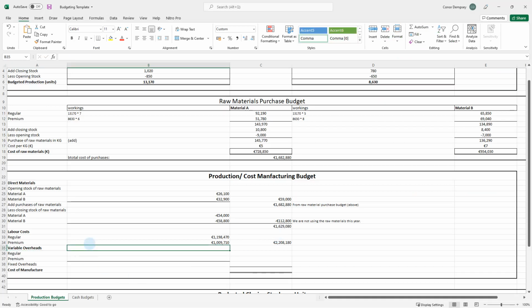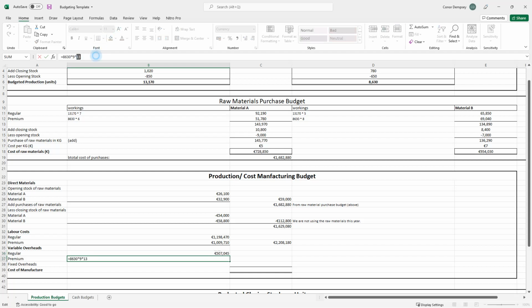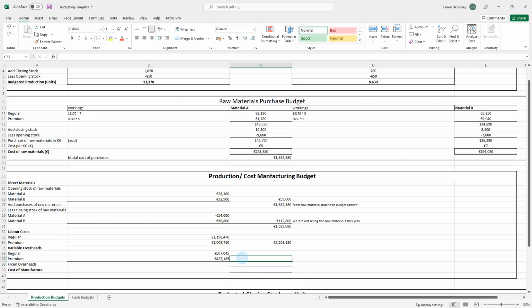So we'll just copy what was there. Now, the rates are going to be different, but they're the same number of hours used. So €13 is the rate for skilled labor hour, but our variable overheads are 550. Again, 550. We add the two together.